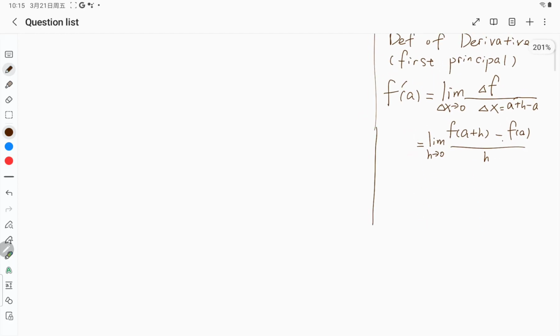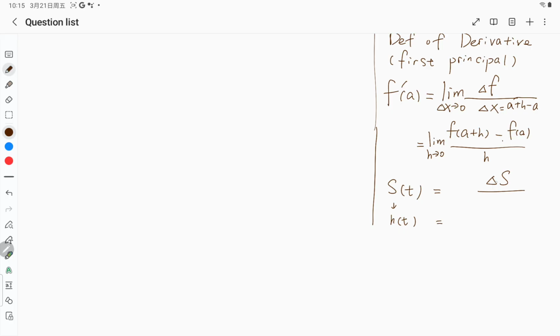And also, for section A class, last time we talked about the position function s(t), right? And what about s'(t)? First we take the average rate of change of the position function. We can also view position as a length, or the height. So it's just a change of location, right?